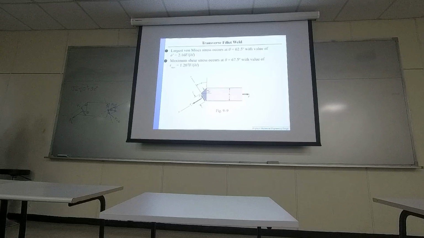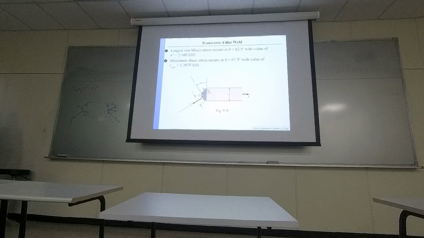So over here, the textbook already did some calculation. The largest von Mises stress happens at a specific angle, 62.5. And the largest shearing stress happens at 67.5.